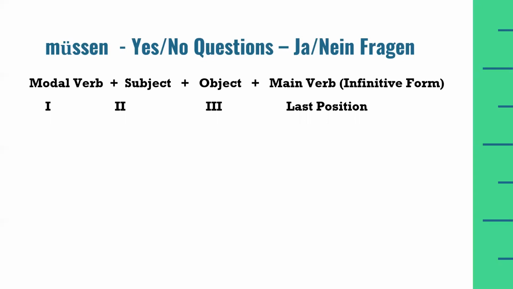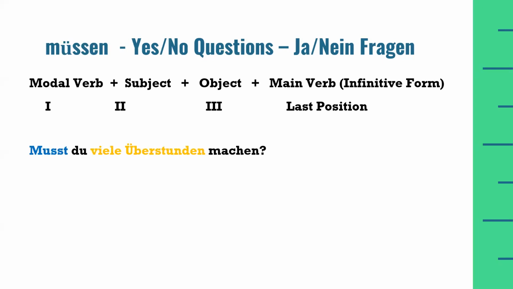So what we have done is simply that we have swapped the position of modal verb and subject. In the normal sentence, subject comes at first position and modal verbs come at second position. But if we want to make a yes or no type of questions, then we have to exchange the position of modal verb with the subject. The rest will remain same.